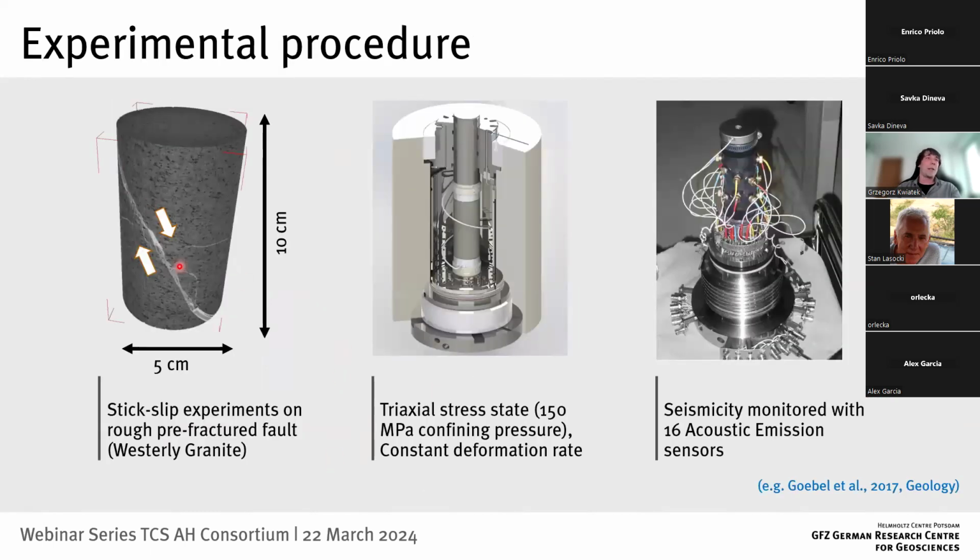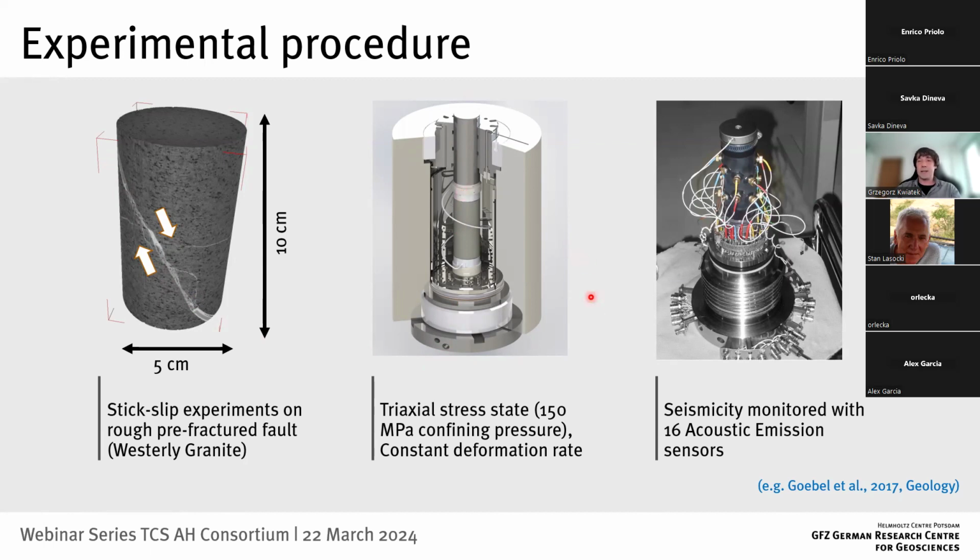We have a pre-fractured granite sample that contains a rough fault. The sample is subjected to a triaxial stress state, and the loading is performed at constant deformation rate, which leads to episodic slips of the entire fault surface.